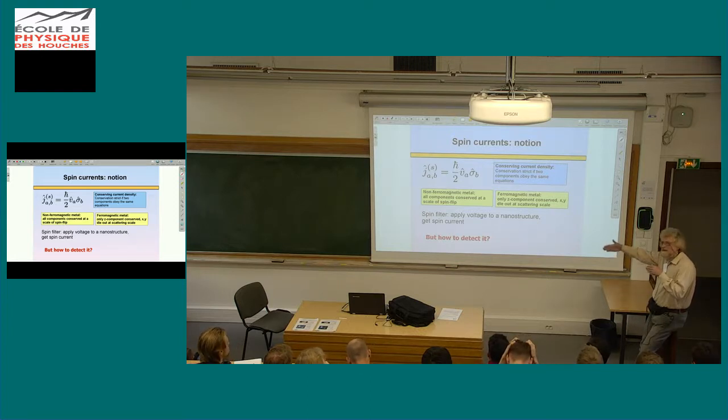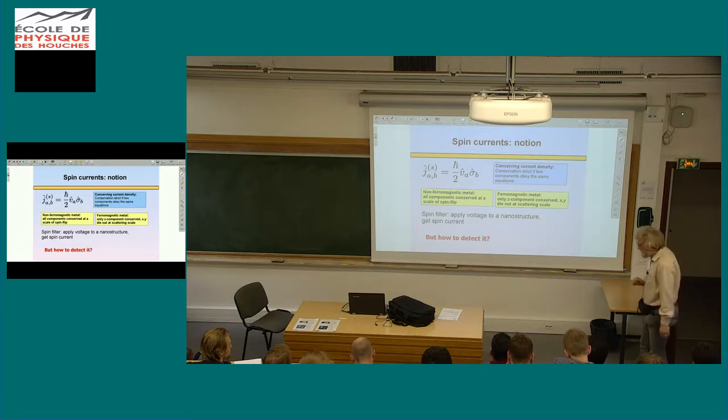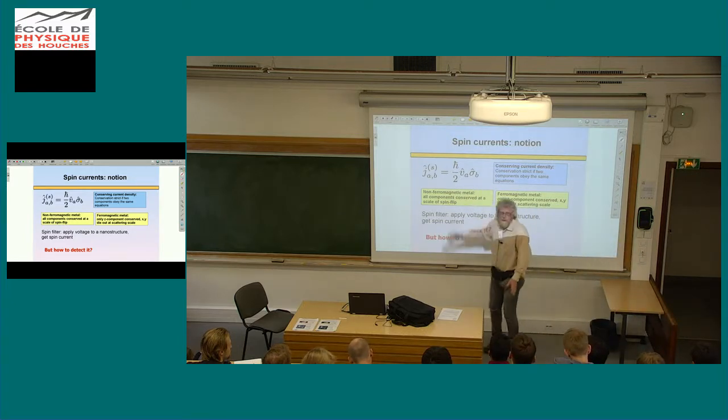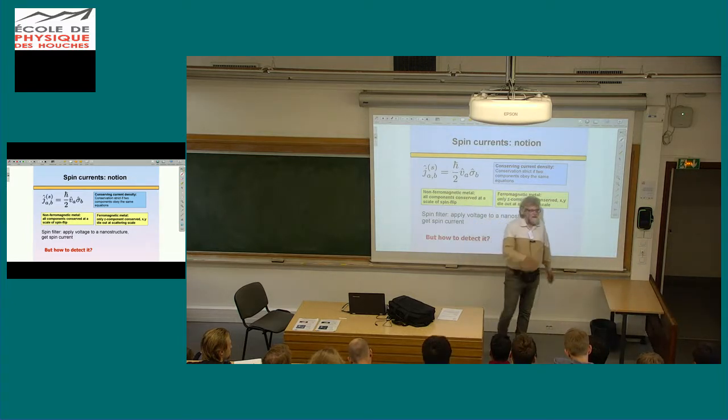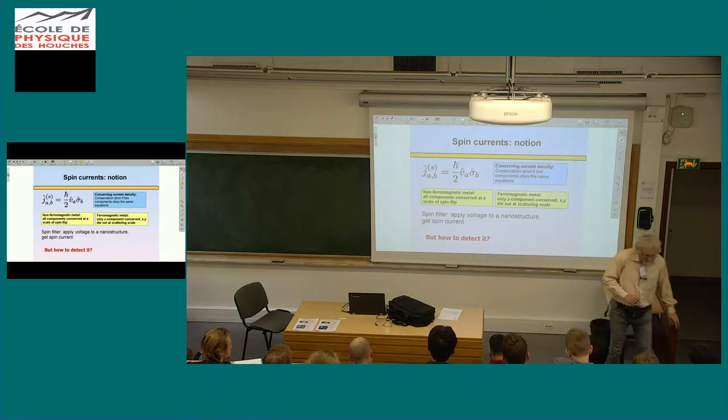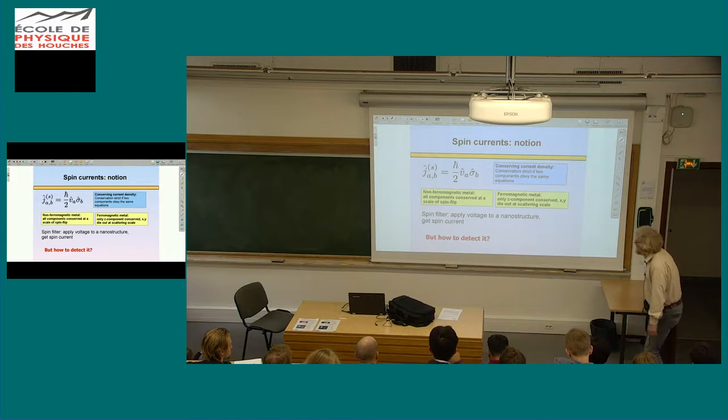It requires many scatterers, many scatterings, and electrons propagate for a distance between these scatterings. There is a finite spin relaxation time, which means that conservation persists up to a certain length. The conservation of spin current persists at distances of the order of the spin flip length.